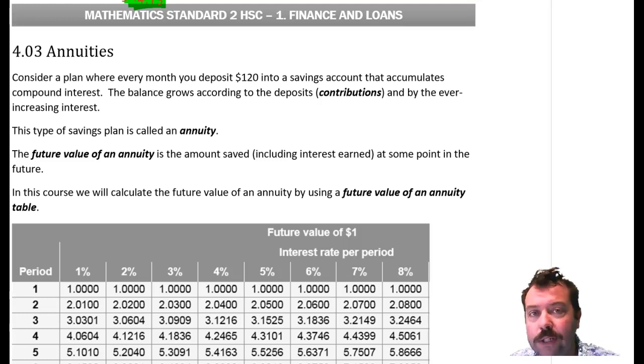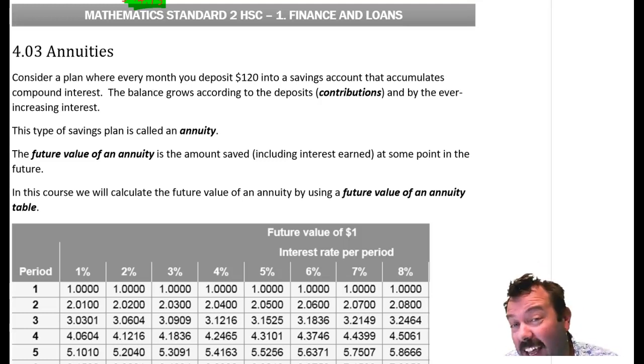So while an annuity requires regular contributions, the present value of an annuity considers what equivalent amount I could deposit and leave, with no more contributions. So of course, we would expect in nearly every case, the present value of an annuity is going to be quite a lot more than a single contribution.